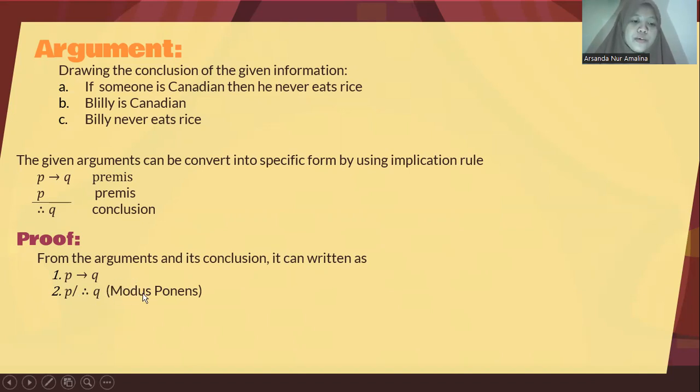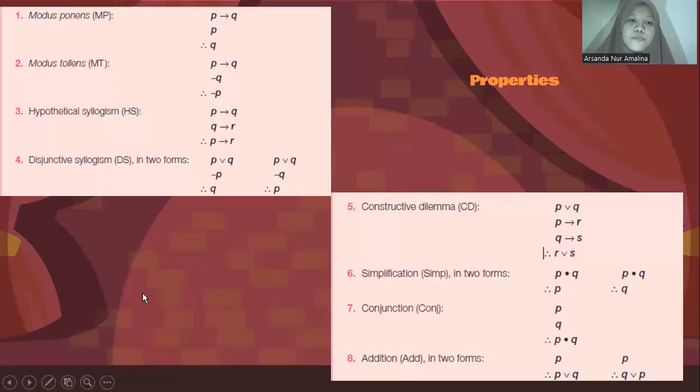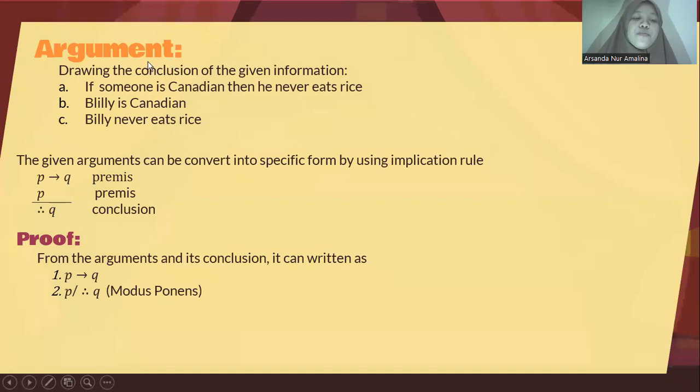It is true because if you look at the properties, there is modus ponens: if P then Q, and we have P as the second premise, so the conclusion is Q. So it is proven that the given information and the argument are true.